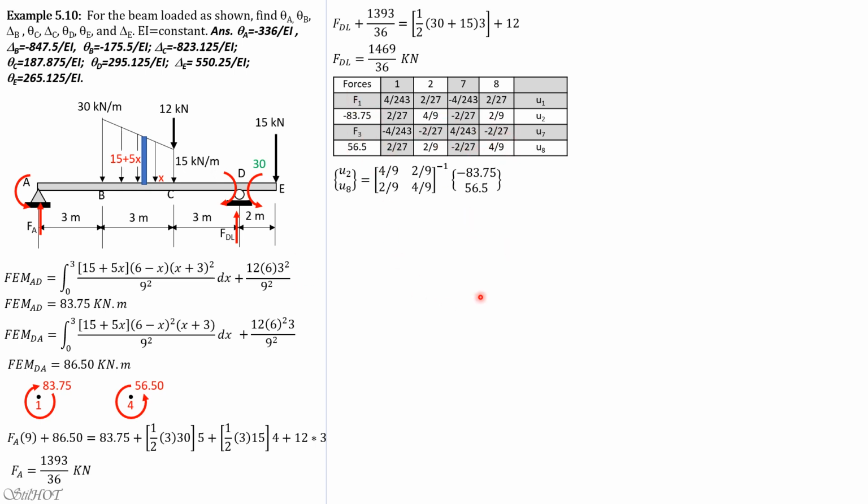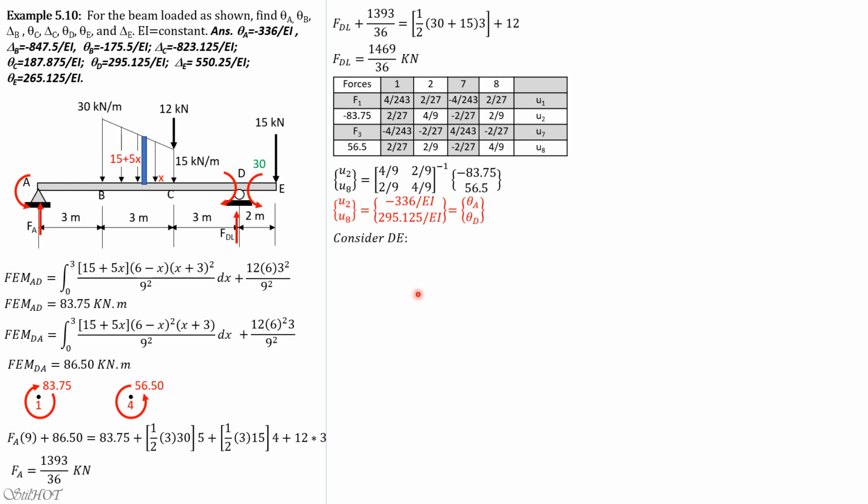These are the global forces. So U2, U8 equals negative 336 over EI, and the second value is 295.125 per EI. That corresponds to theta A and theta D.